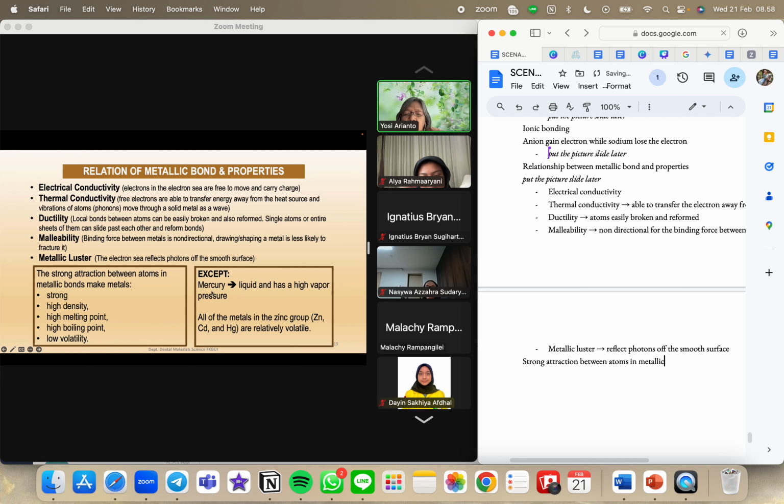Mercury is in the condition of a liquid and has vapor pressure. All the metals in the zinc group, usually zinc, cadmium, or mercury, you have to be very careful in using these metals.